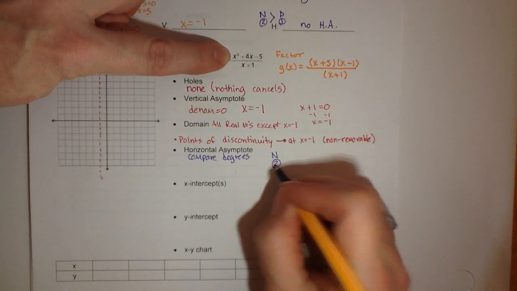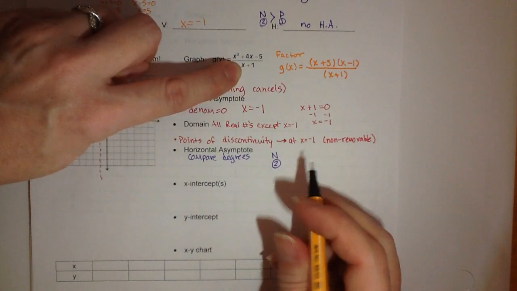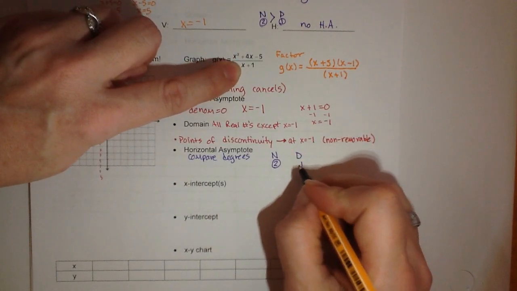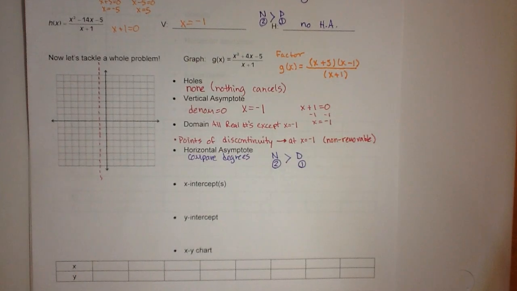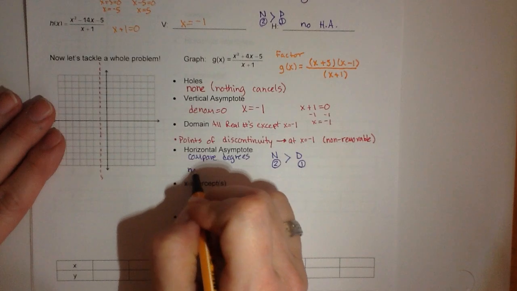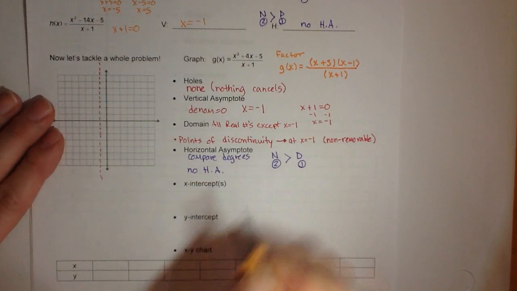That degree is 2. The denominator was x plus 1. That degree is 1. 2 is greater than 1. So if you look back at your previous notes, you'll see when the degree of the numerator is higher than the degree of the denominator, there is no horizontal asymptote.